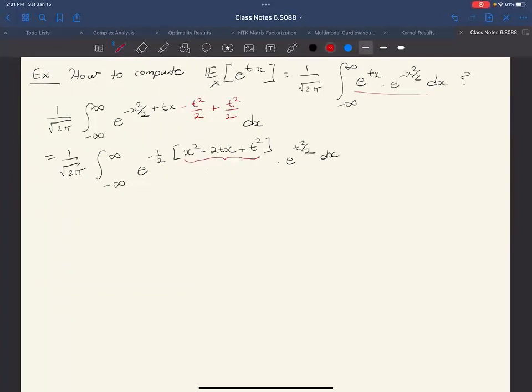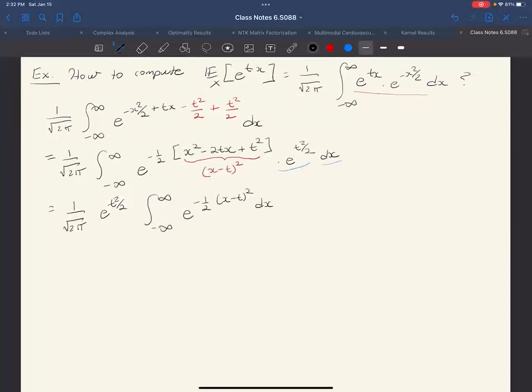This term here, we can clearly see, is x minus t whole squared. And so if I try simplifying everything out, this part here in blue does not depend on x at all. So I'm going to also just pull it out of the integral. And I'm left with e power negative 1/2 x minus t whole squared dx.